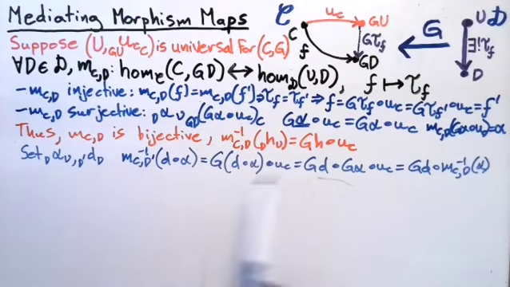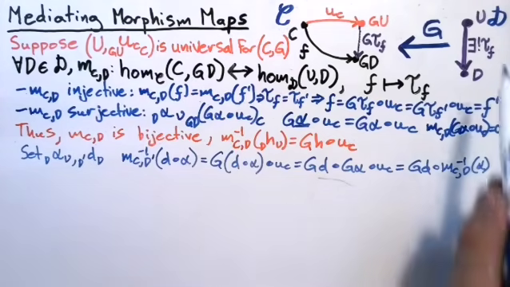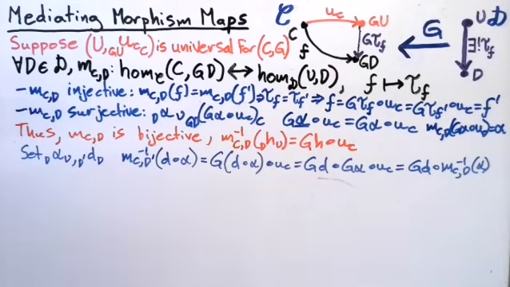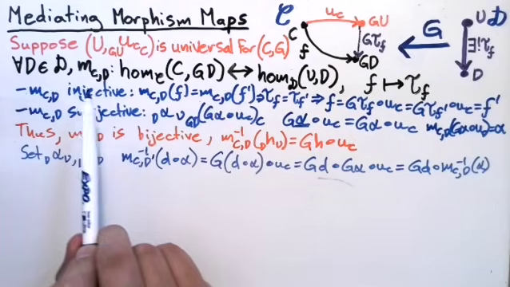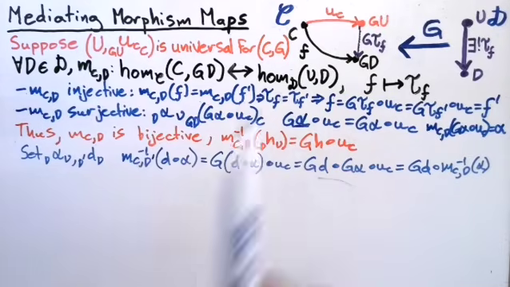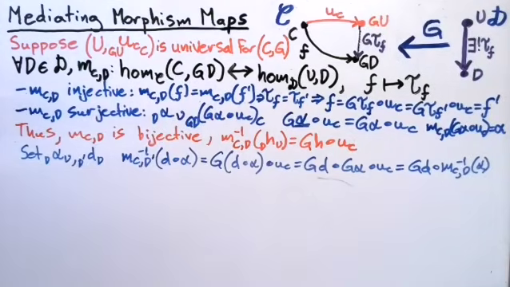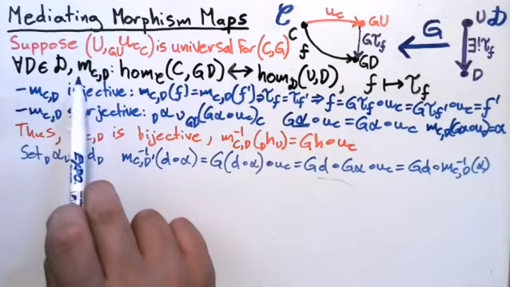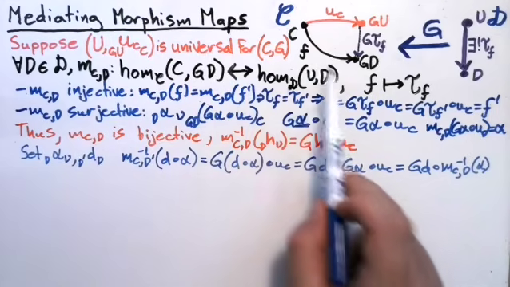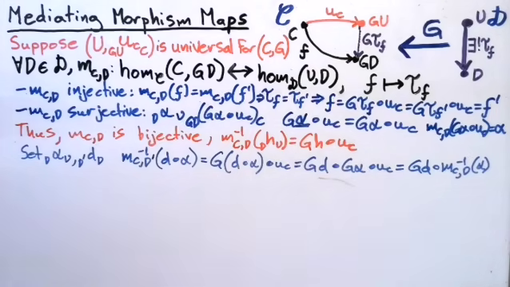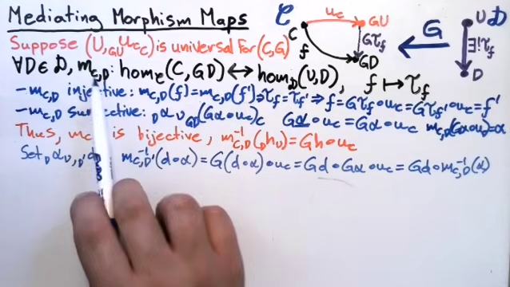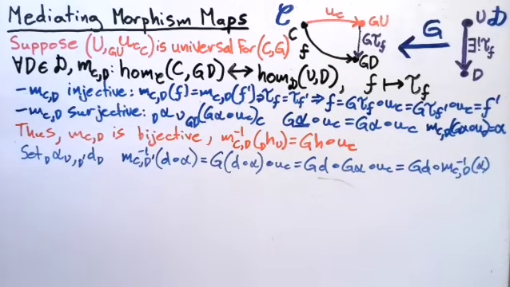Now, because this formula is true for any alpha going from U to D here, and because we have a bijection going from the morphisms from U to D to the morphisms from C to GD, we know that we can replace any instance of alpha in this formula here with its representation as MCD of some F, like this, going from C to GD, right? Every alpha gets mapped to by the mediating morphism map.